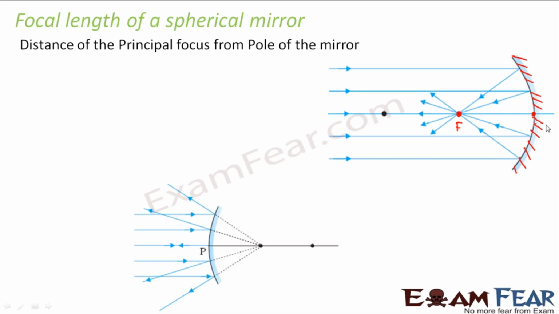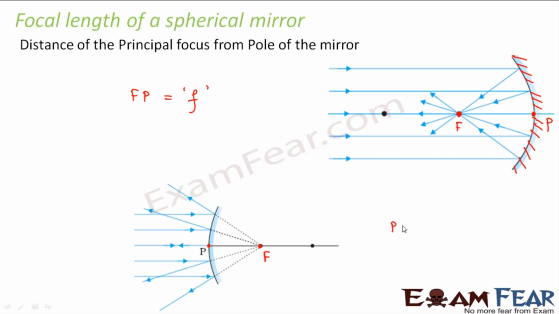This is my pole, the center of this reflective surface. So this distance between principal focus and pole is the focal length. That means FP is the focal length. Focal length is generally denoted by a small f. So in this case, this is my pole, and this is the focus.